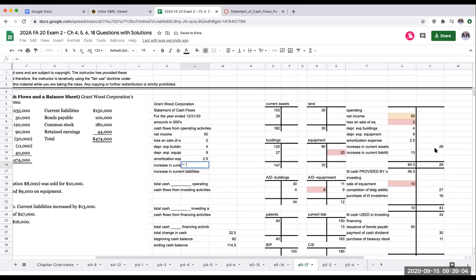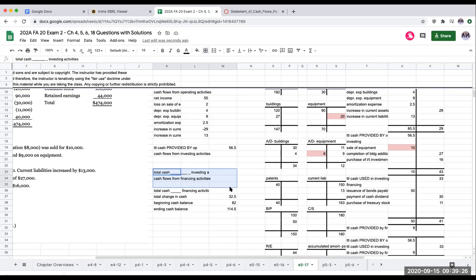This is going to be a negative because it's a credit. And then this here will be a positive. So I'll just kind of copy this over here. And this will be a total of 56.5.